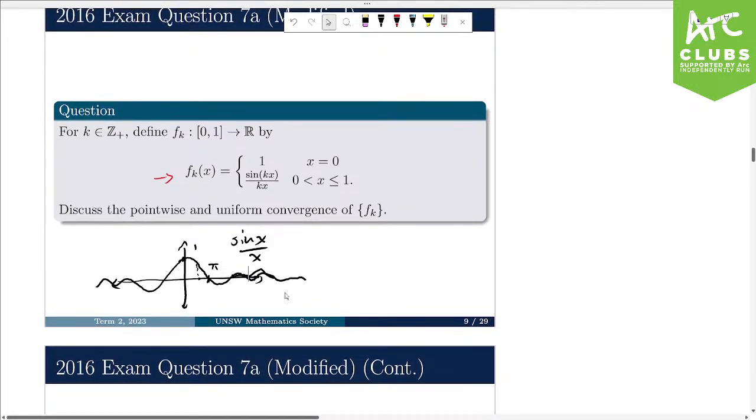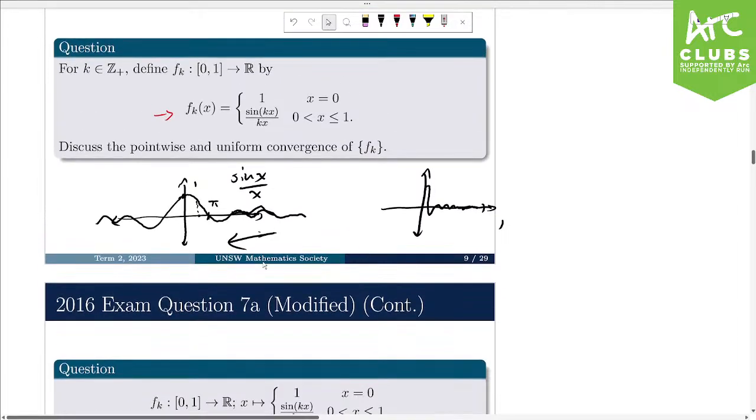So what happens as k gets larger is that the function gets pushed towards the y-axis. So now we only care about 0 to 1. It will end up looking something like that.